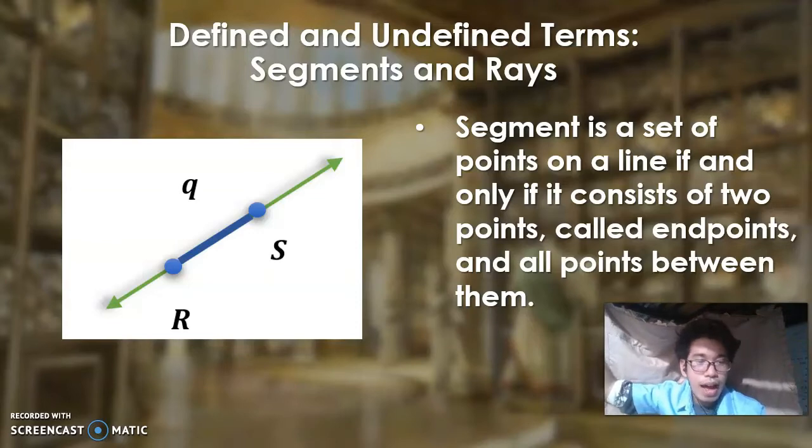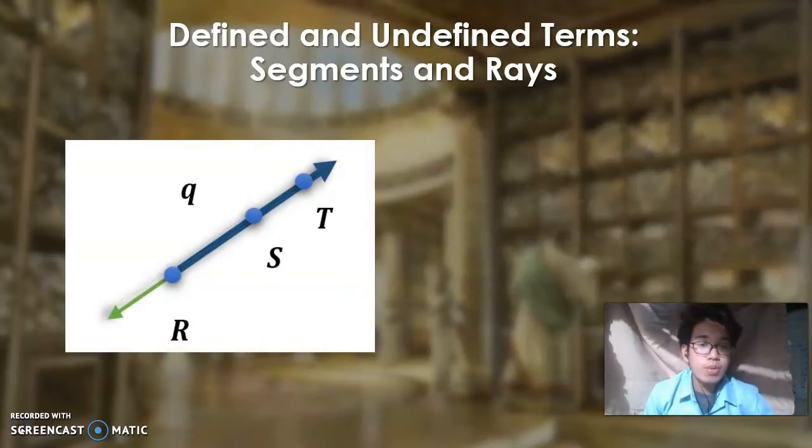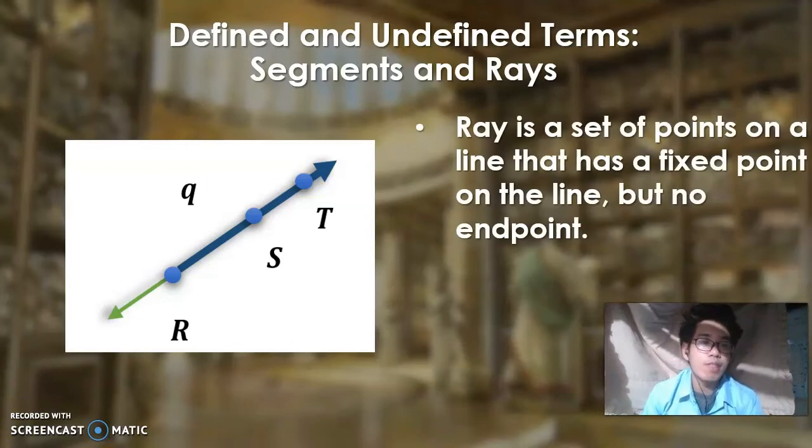After segments we have the ray. This is the second defined term. So what is a ray? A ray is a set of points on a line that has a fixed point but no other endpoint. We only have one fixed point on line Q. We see line Q, and we have 3 points, point R, point S, and point T. On line Q we have point R, which is the endpoint, but the ray goes on infinitely in the right direction.